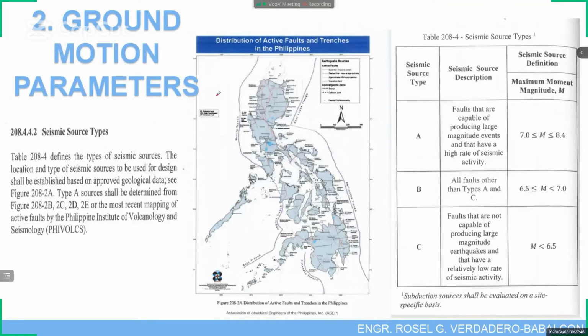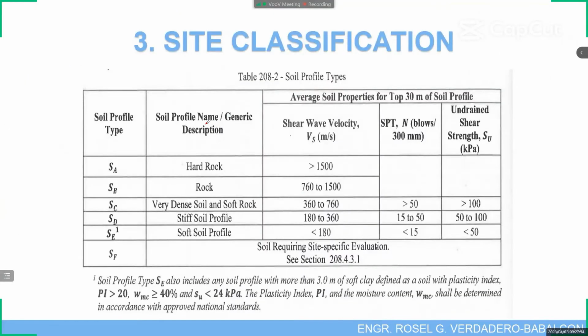Okay. So after we have known the seismic source type of the fault line nearest our structure, let's proceed to the site soil profile type. Okay.